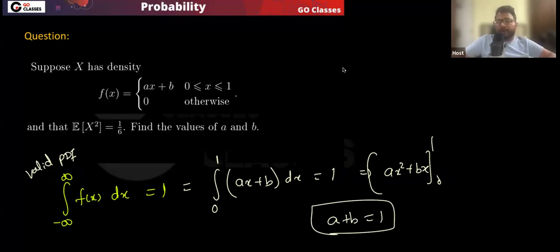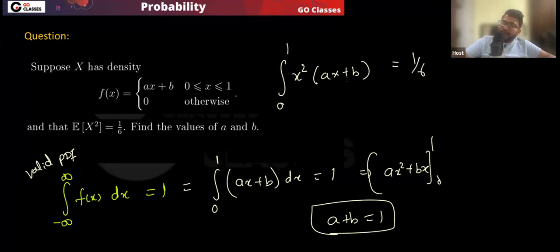There will be another equation you will get using this. How? Integration of x squared times (ax plus b), from 0 to 1, should be 1 by 6, right? Which is a x power 4 by 4 plus b x cube by 3.